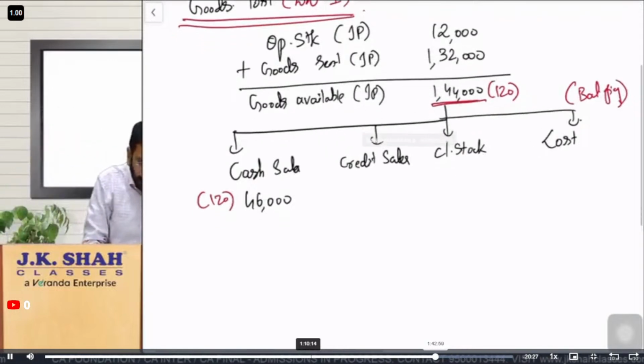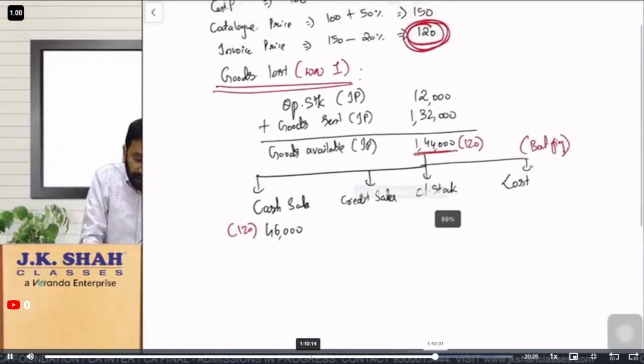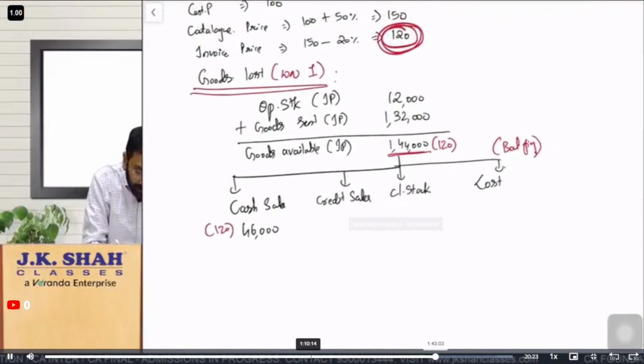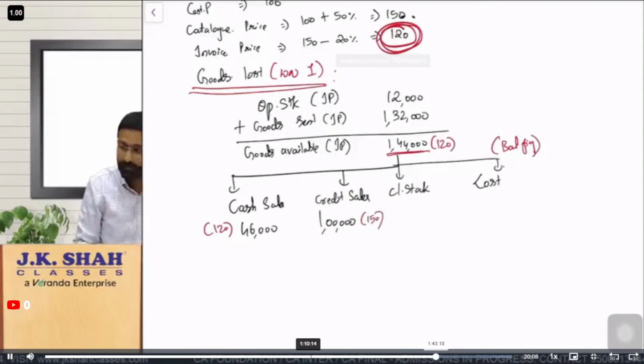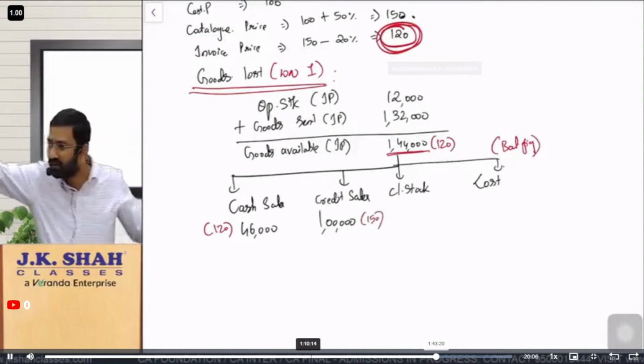Credit sales are made at catalog price. So credit sales value 1 lakh. But this 1 lakh is not at the IP; it is made at which price? Catalog price, which is 150. So this is 150 value. But I'll convert everything in terms of 120 because that 144 is in terms of 120.